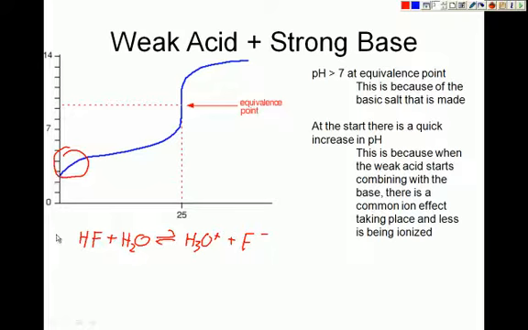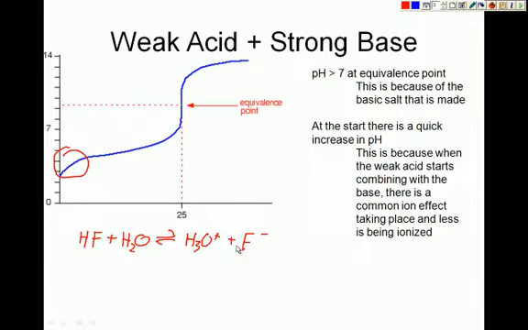Now, when we add some base, the base combines with the H3O+ and forces more HF to ionize. Since it forces more HF to ionize, the concentration of fluoride increases.